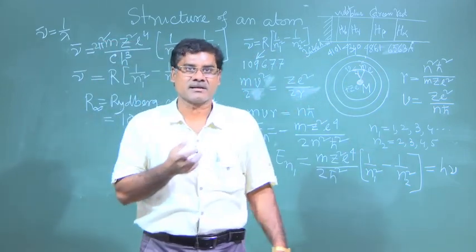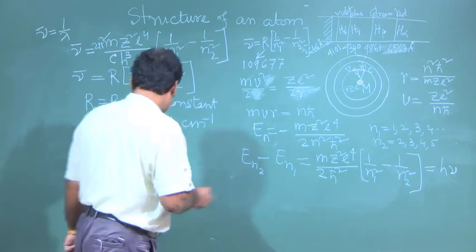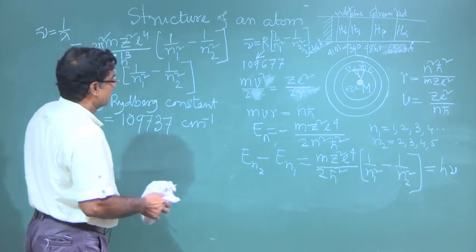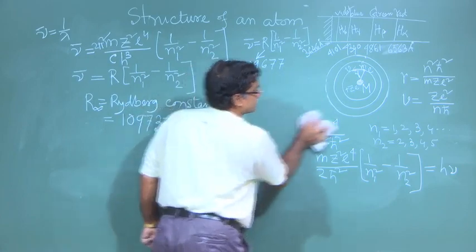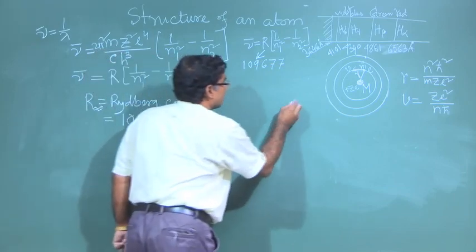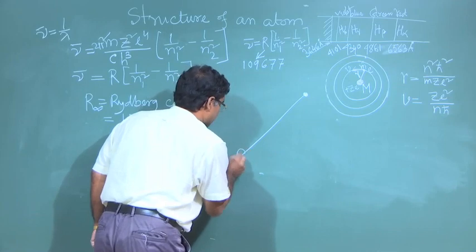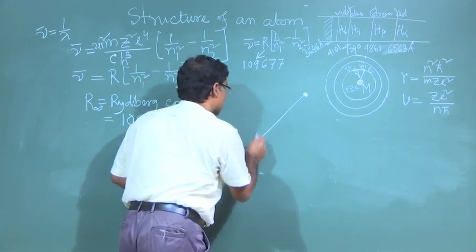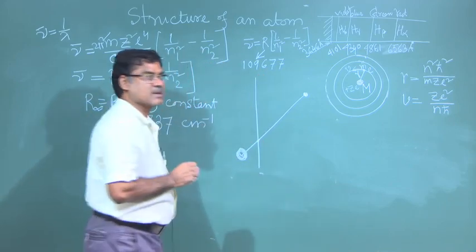The electron and the nucleus both are moving with respect to the center of mass. So, both are rotating with respect to an axis passing through the center of mass.